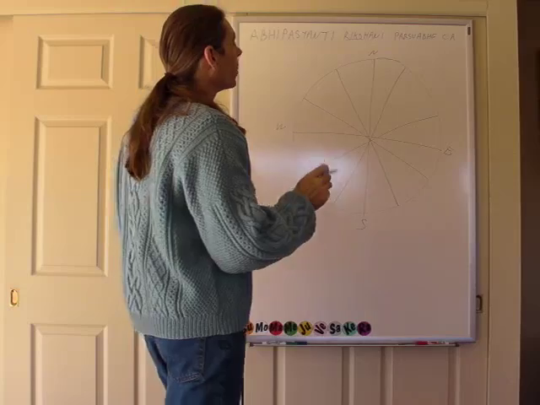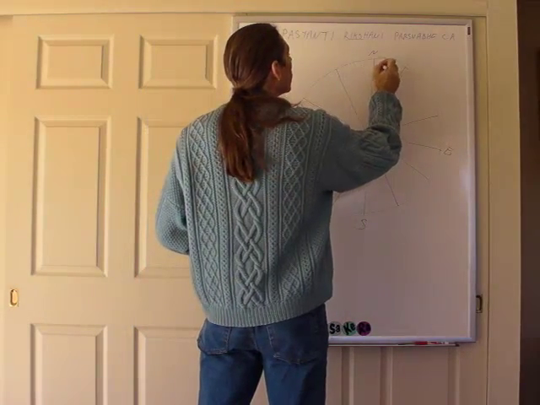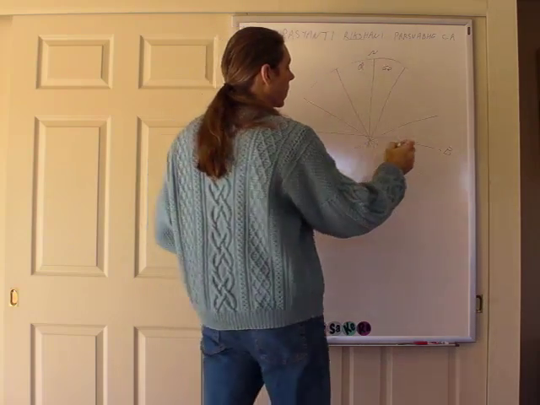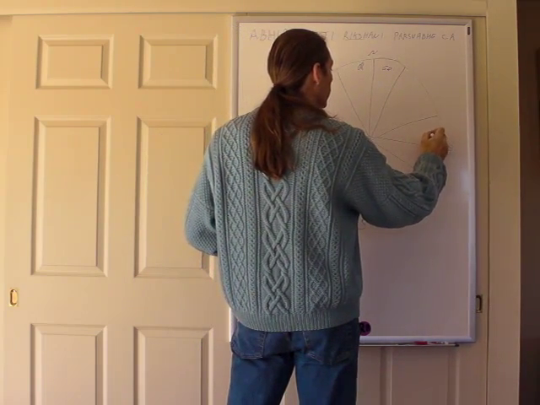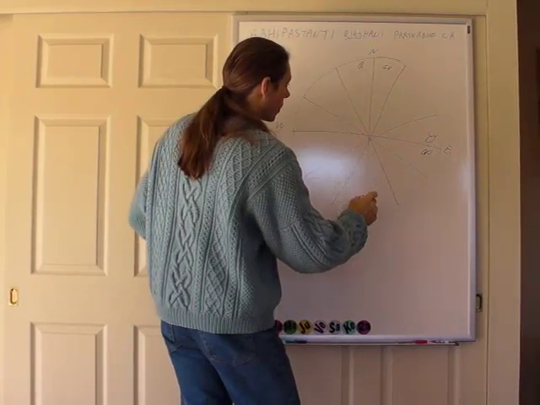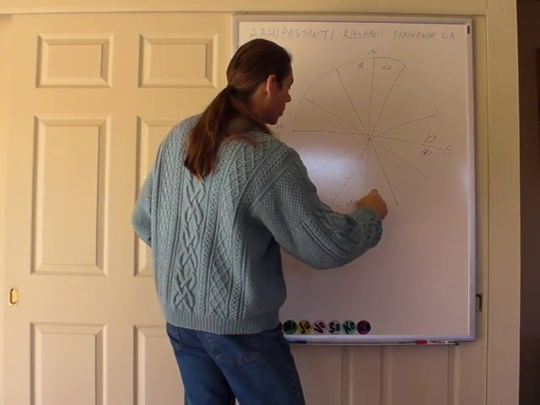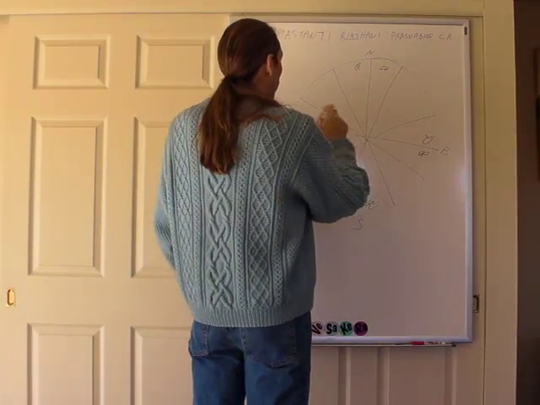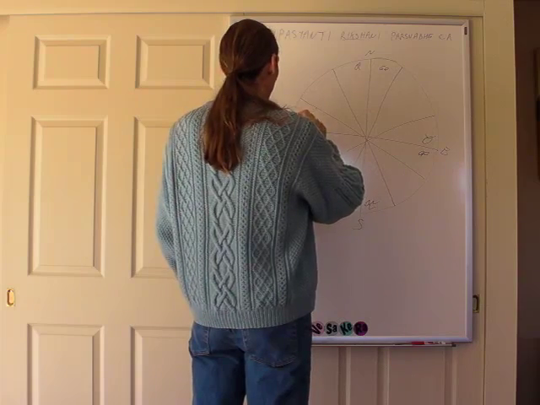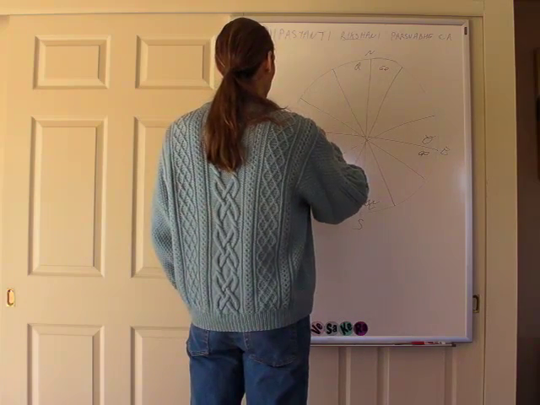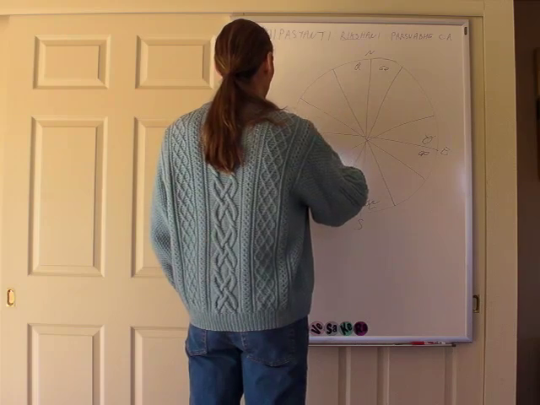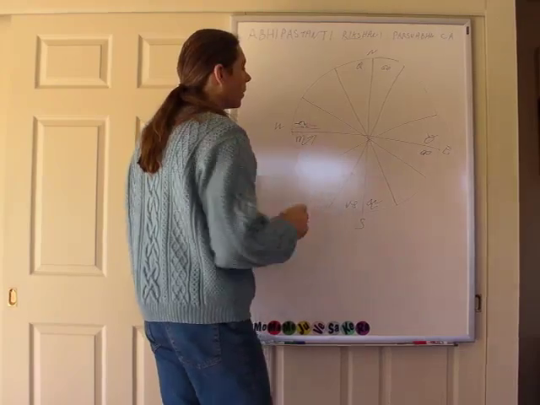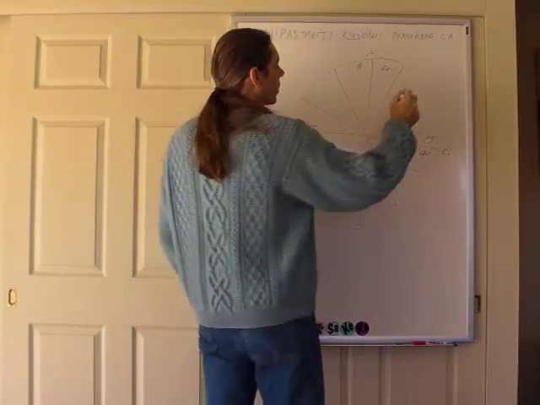Now we learned that Cancer and Leo are north, that Aries and Taurus are east, that Capricorn and Aquarius are south, that Libra and Scorpio are west, and that northeast is Gemini.